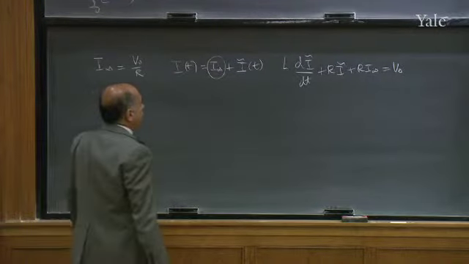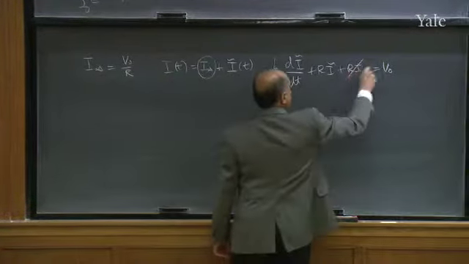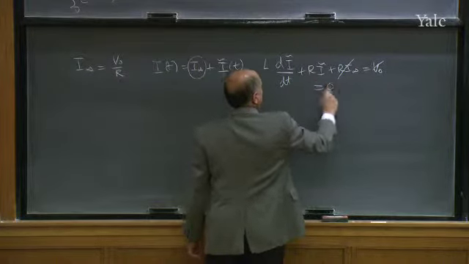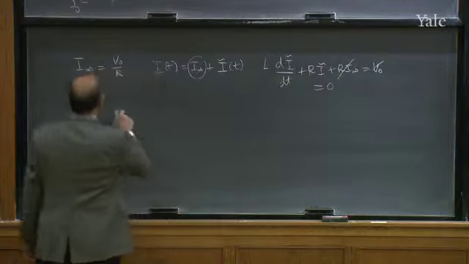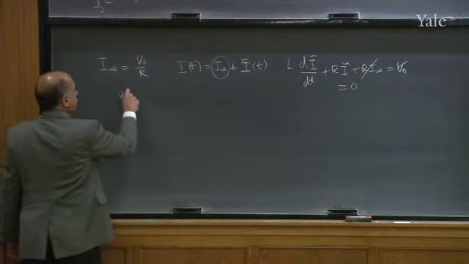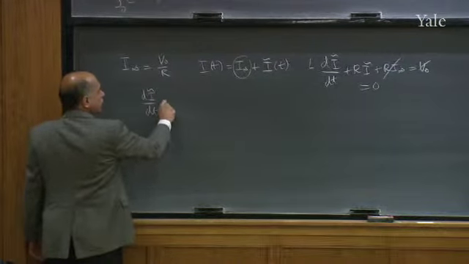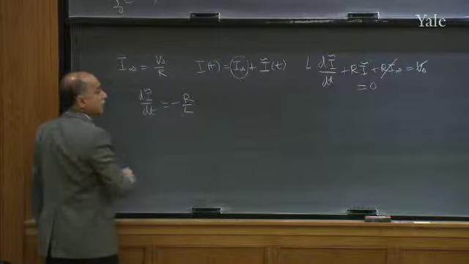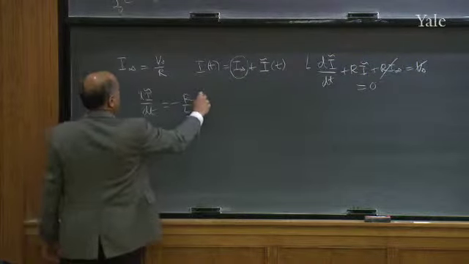Now you can see why we did that. We did that because now these two terms cancel, and you get L dI twiddle/dt plus R I twiddle equal to 0. That means dI twiddle/dt is minus R over L times I twiddle.